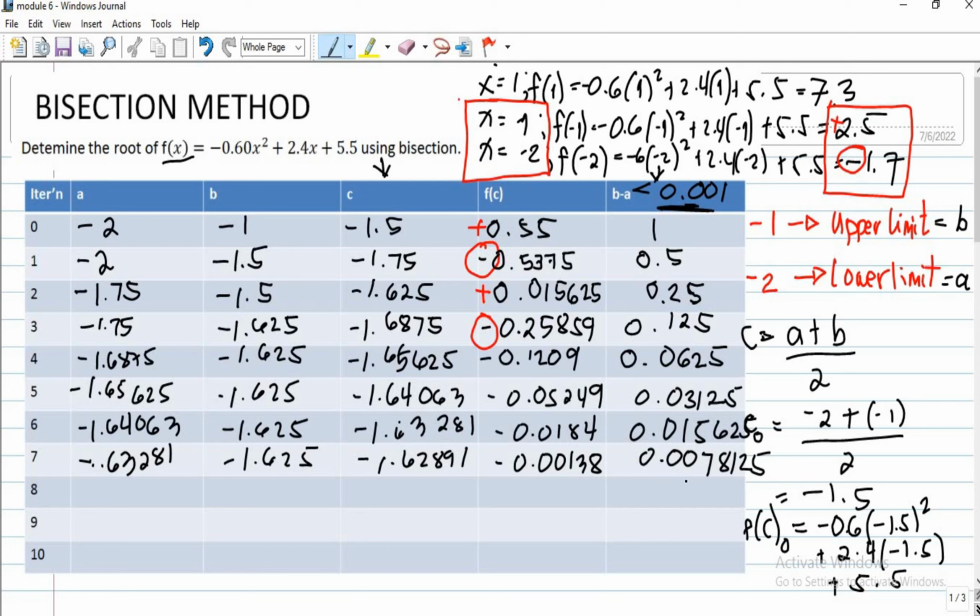Now, if you try to look at this, hindi pa ako pwedeng tumigil dito kasi malaki pa masyado si 0.007. So, itutuloy ko lang yung aking iteration. This is negative 1.6891.